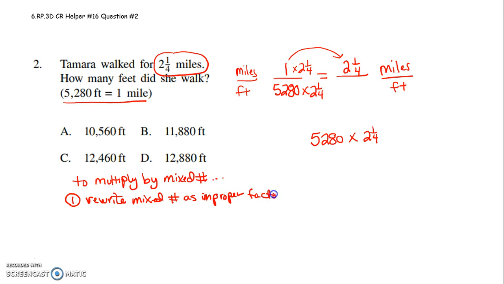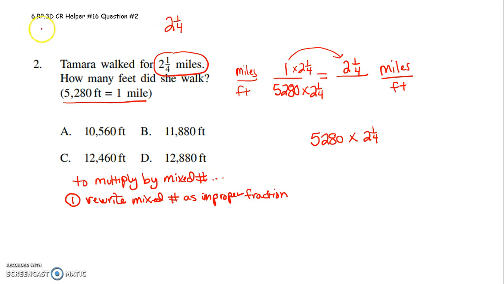All right, and so that's my first fraction, not factor. So that's going to be my first step. I'm going to take 2¼ and rewrite that as an improper fraction.